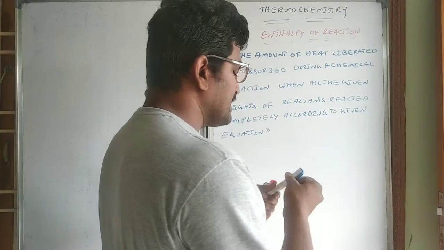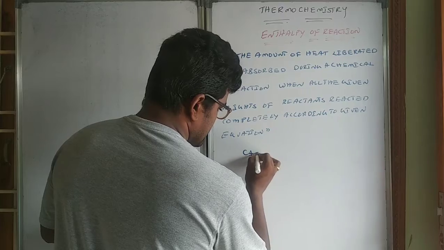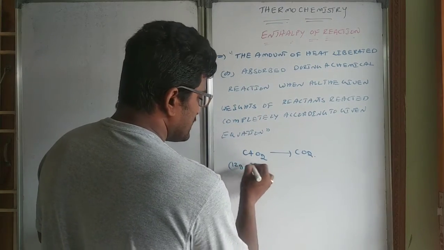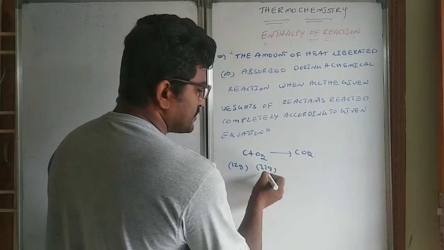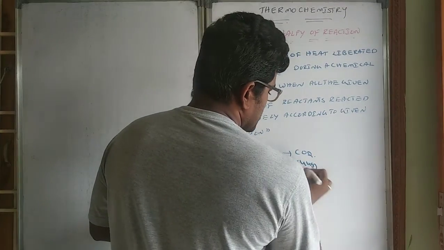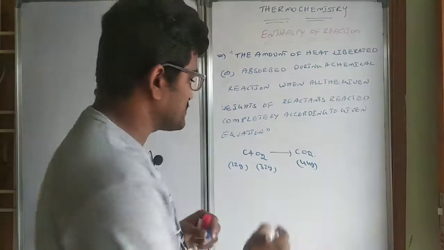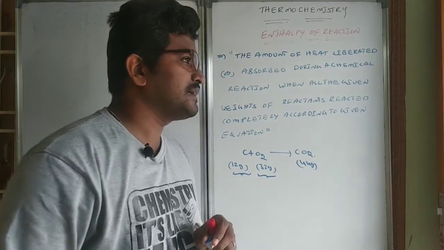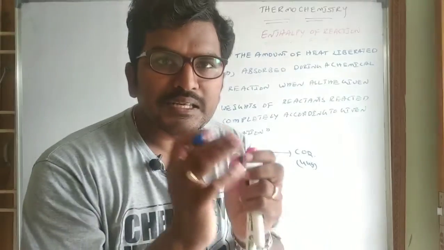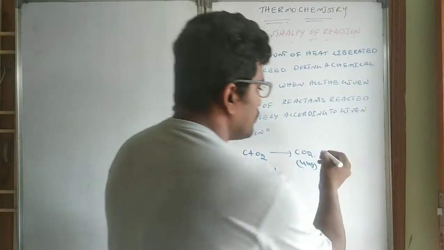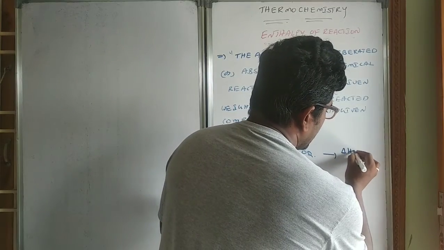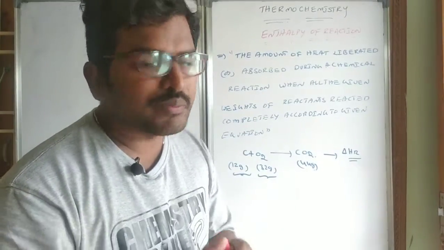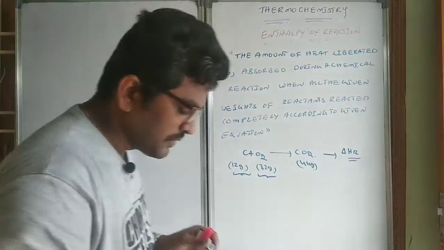The example I am taking is C plus O2 gives CO2. According to the equation, 12 grams of carbon and 32 grams of oxygen react to form 44 grams of carbon dioxide. So whenever these 12 grams of carbon and 32 grams of oxygen completely react with one another, the amount of heat liberated or absorbed is known as the enthalpy of a reaction.